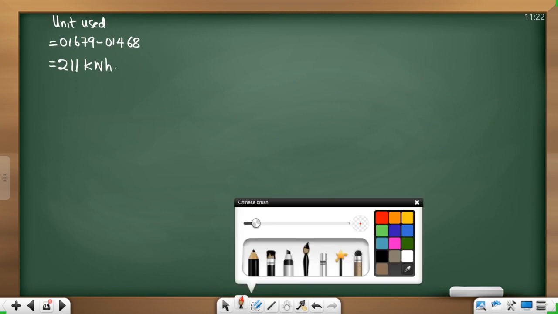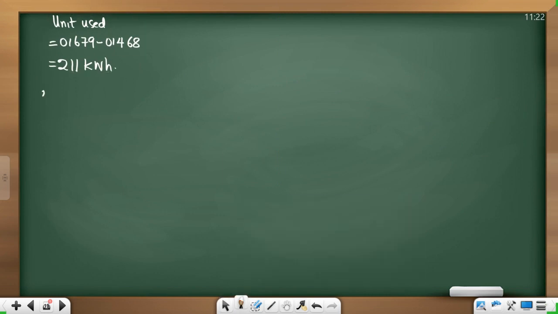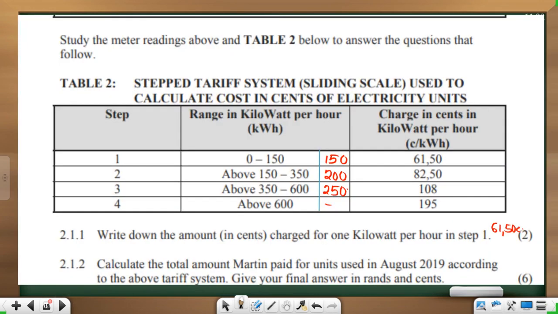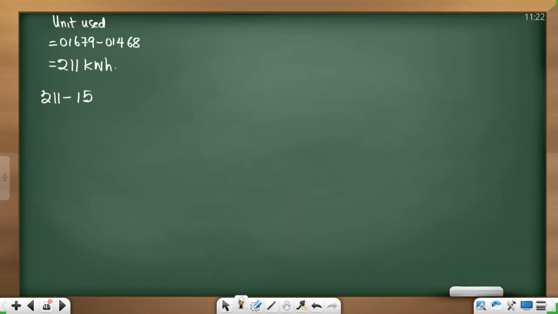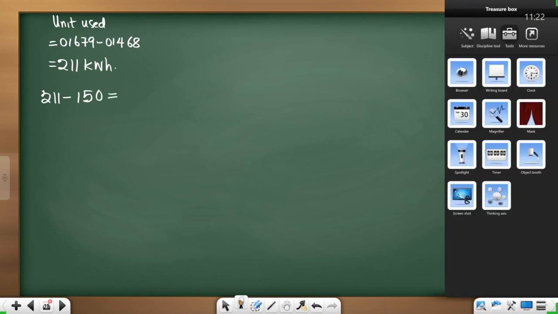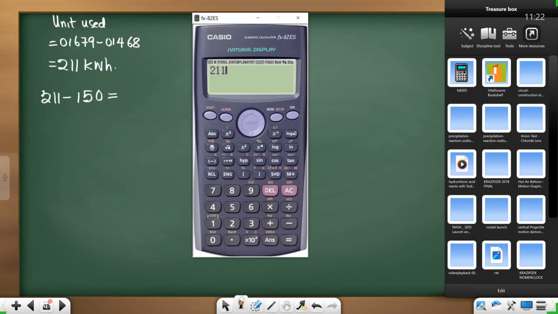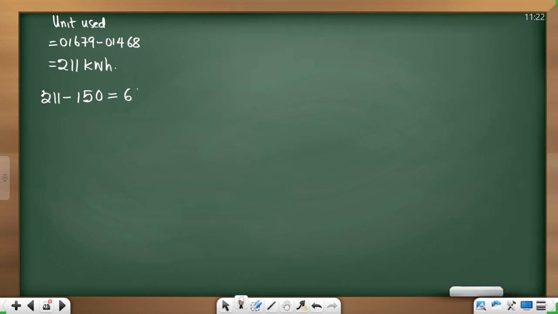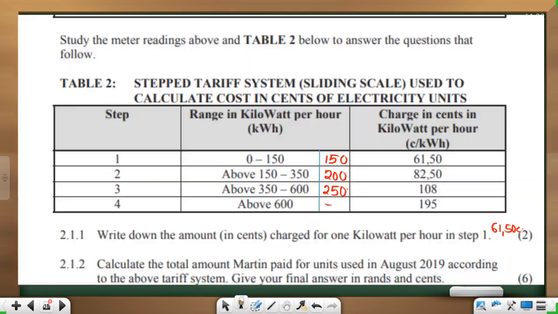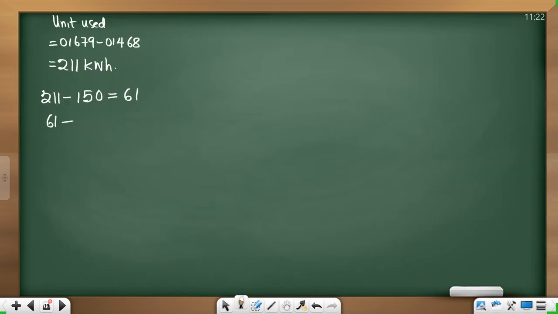Okay. Now let's divide it into the blocks. 211 minus, what's our first block? 150. That should give you 61. But let's work it out with a calculator. 211 minus 150, 61. Okay, then 61 minus, what is my next block? 200.